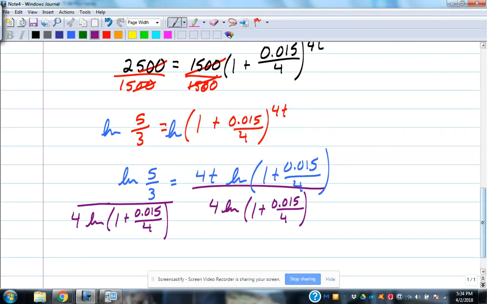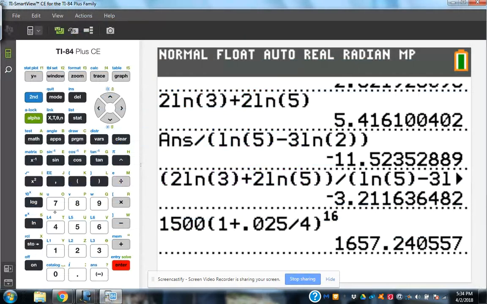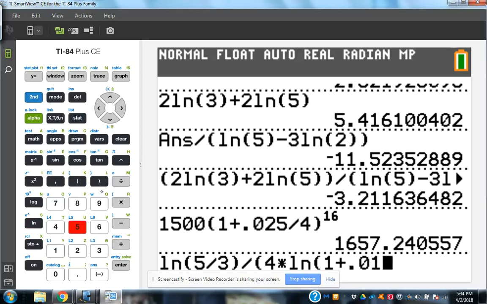So t is this interesting looking number over here. Let's work that out. Natural log of 5 divided by 3, divided by 4 times the natural log of 1 plus 0.015 divided by 4.